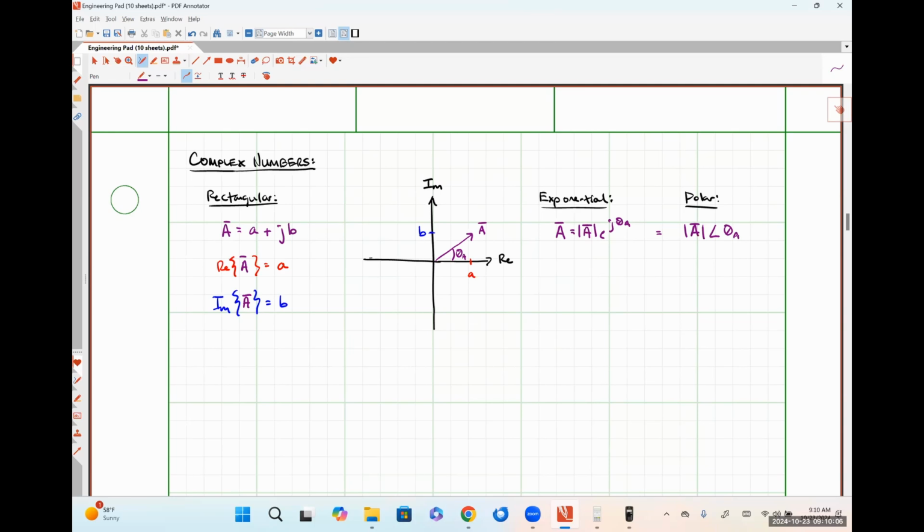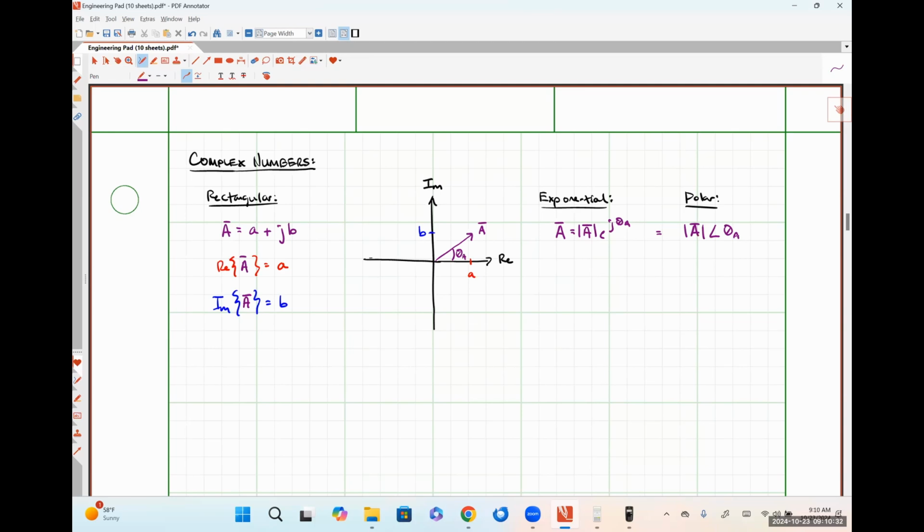So if I ever give you an exponential form complex number, I expect you to be able to get that into the polar form by simply keeping the magnitude, keeping the phase angle, and throwing everything else away because it doesn't matter, okay?